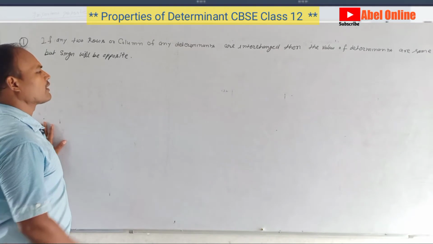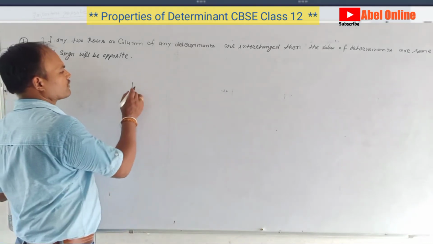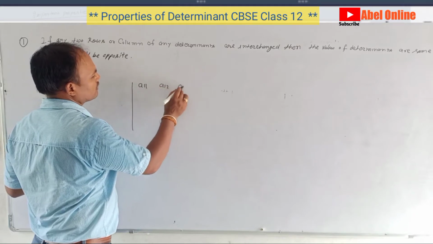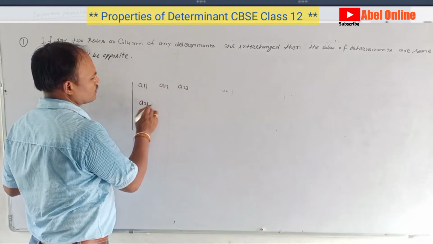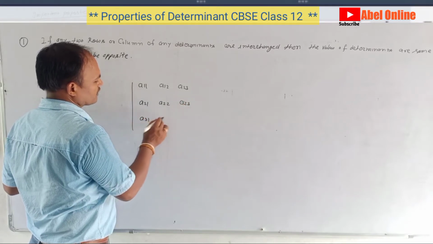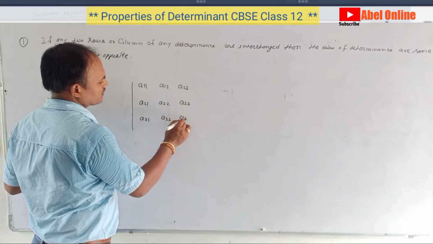How can we say this? Suppose the determinant is a11, a12, a13, a21, a22, a23, a31, a32, a33.